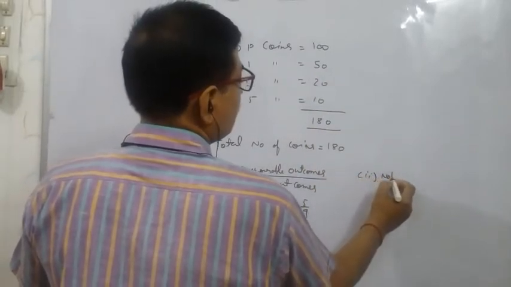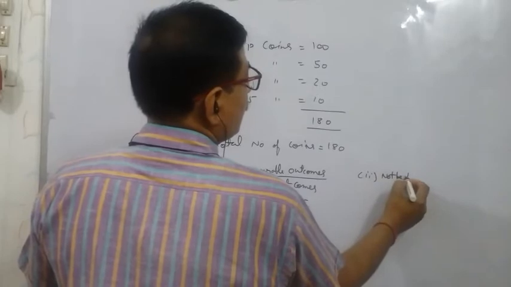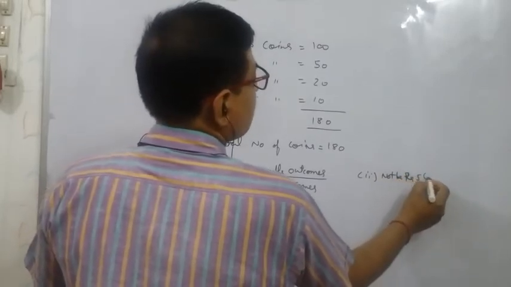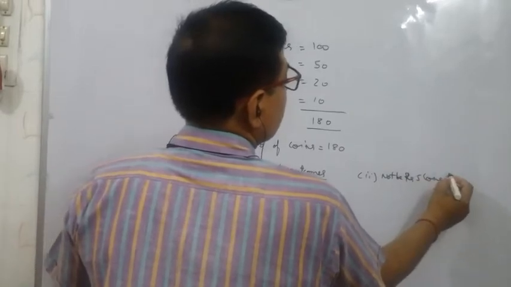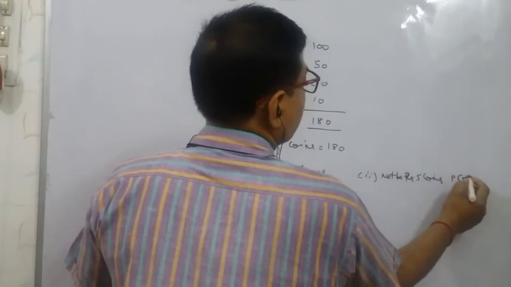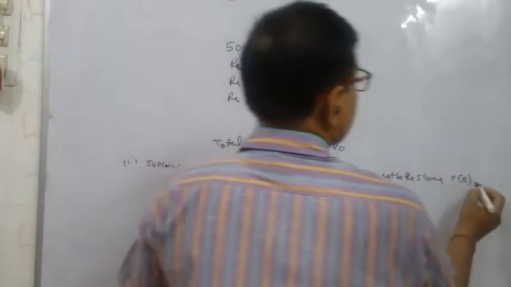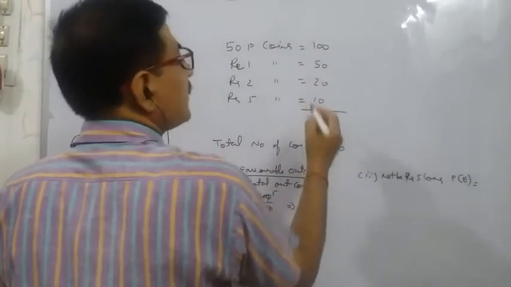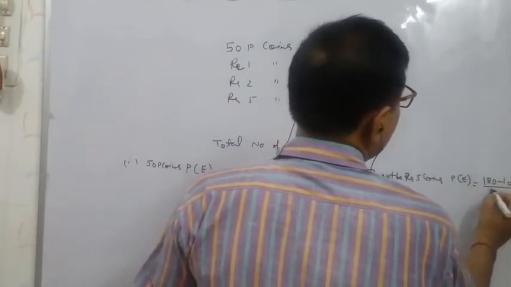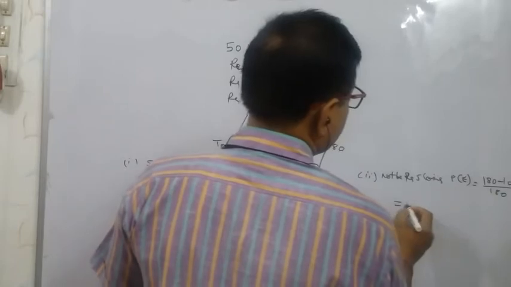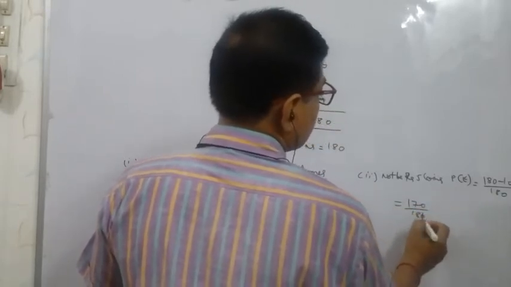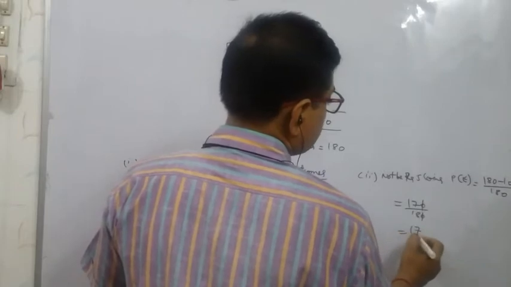So the probability of that event will be the remaining, 180 minus 10, divided by the whole coins, 180. So that will be 170 upon 180, so 17 upon 18. That is the answer.